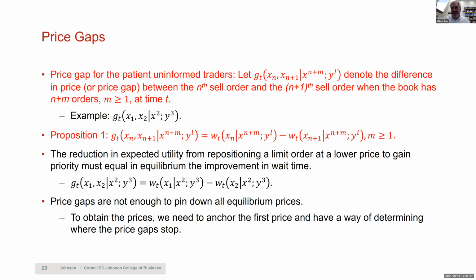So when he comes into the market, he will submit his limit order at a distance that is just enough so that if I resubmit at a lower price, the loss in utility from the lower price will be exactly equal to the gain in utility I get from regaining priority in execution. So in terms of notation, when I came, if Venki undercut me, now I'm the higher sell order in a book that has 2 sell orders, right?